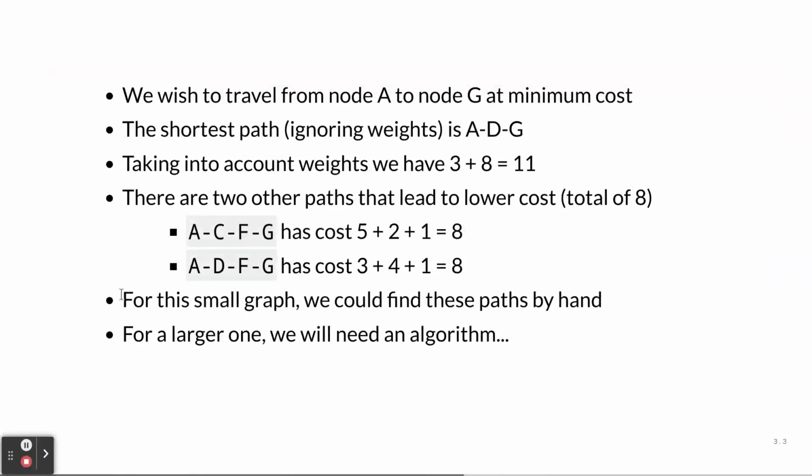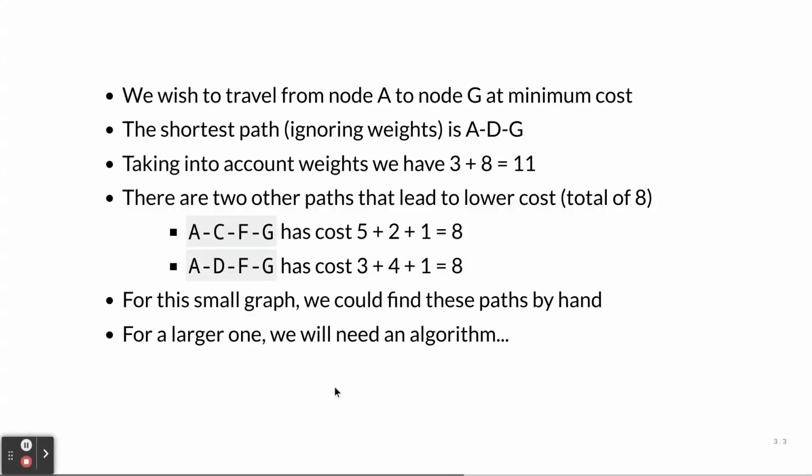Now, we were able to visually reason about and identify a shortest path for this graph because it was relatively small. There were only 7 nodes and 10 edges, so we were able to reason through each possible path and what the total cost might be.